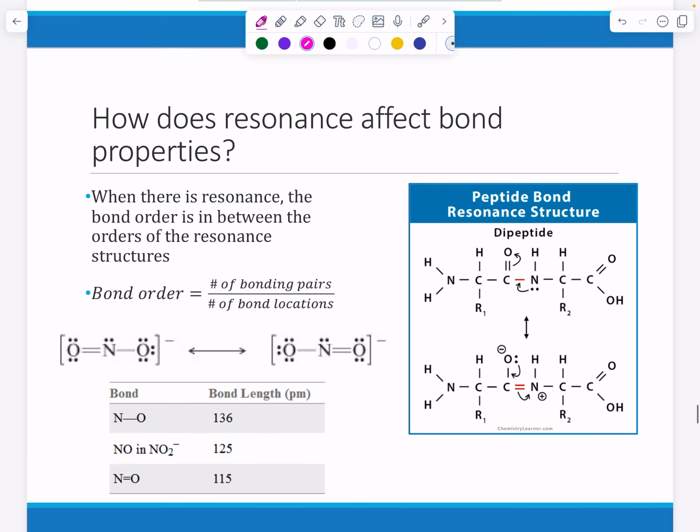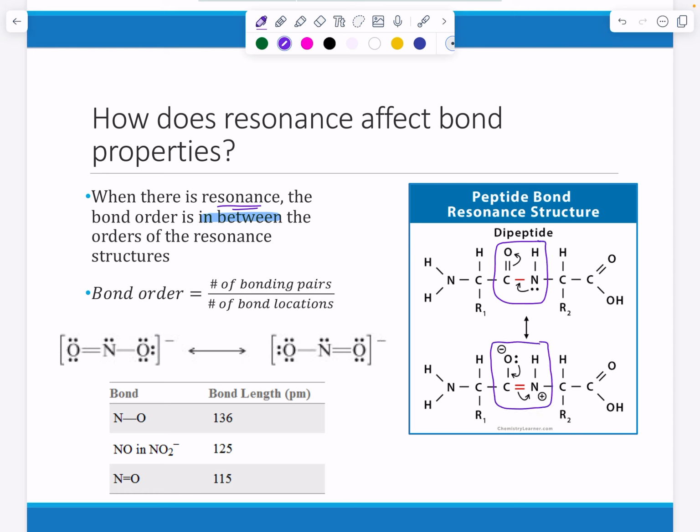All right, so we talked about resonance in the peptide bond already, and here it is on another slide. Just to remind you, when we have resonance, our bond order is going to be in between the orders of the 2 resonance structures. So looking again at the peptide bond, this is the bond that I drew on a previous slide in isolated format.